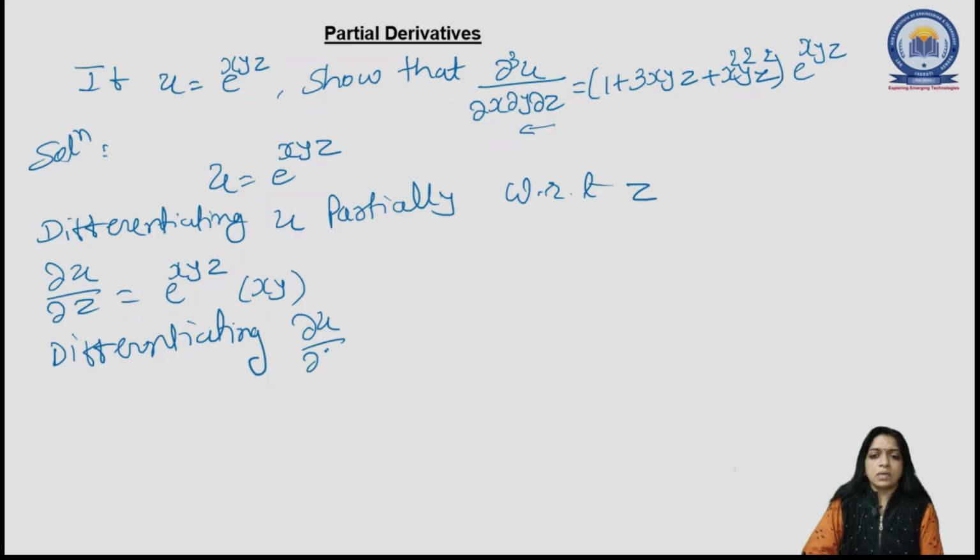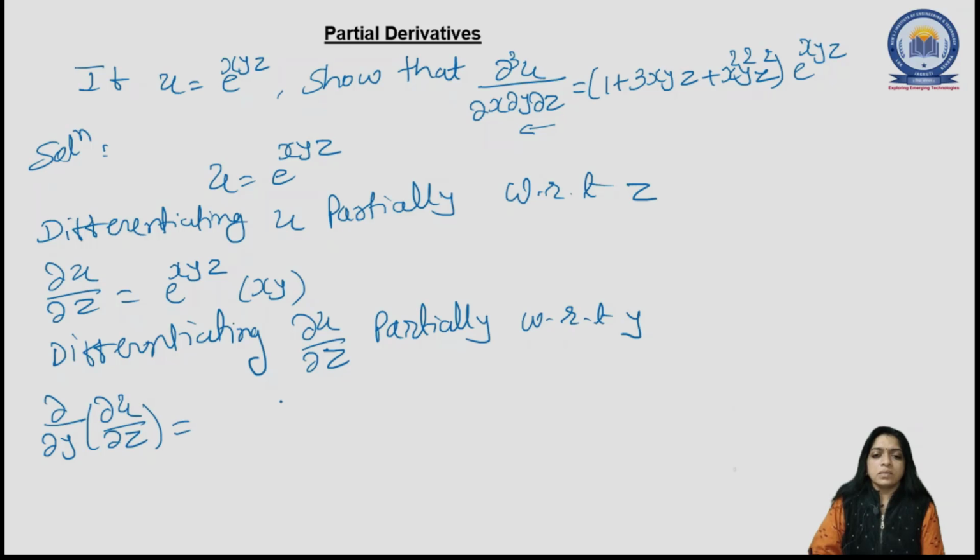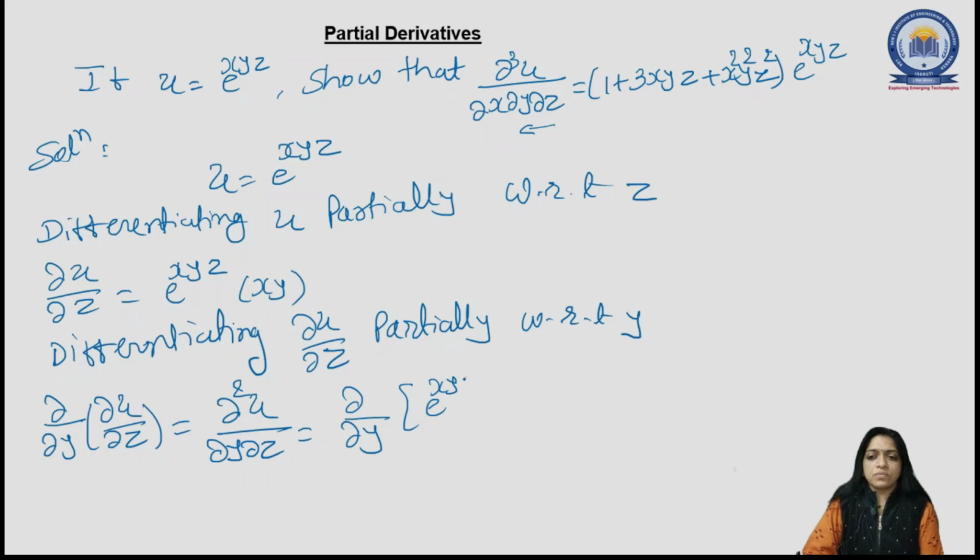Del u by del z partially with respect to y. So del by del y of del u by del z, that is del square u upon del y del z, and this is del by del y of e raised to xyz into xy.